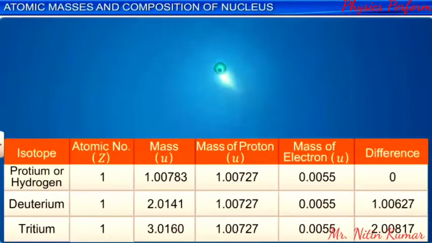If we assume that the electrons and protons are the only constituents of the nucleus, then the atomic mass should be equal to the sum of the masses of protons and the electrons of the atom.